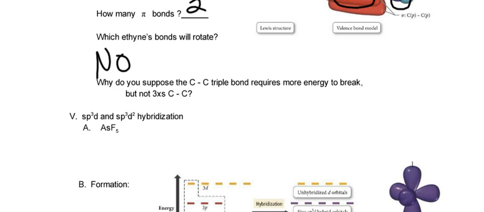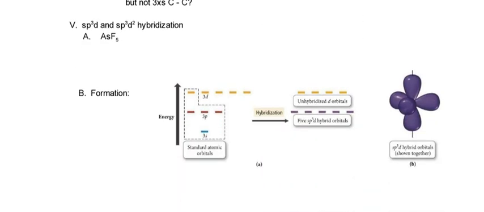Now, what happens when we use these d orbitals? Okay, we have a new hybrid orbital, and there's no way I could even think about drawing those, but luckily the book does for me. So look what happens with arsenic pentafluoride. What a great name. So I need 5 bonding sites. So I go 1, 2, 3, 4, 5.